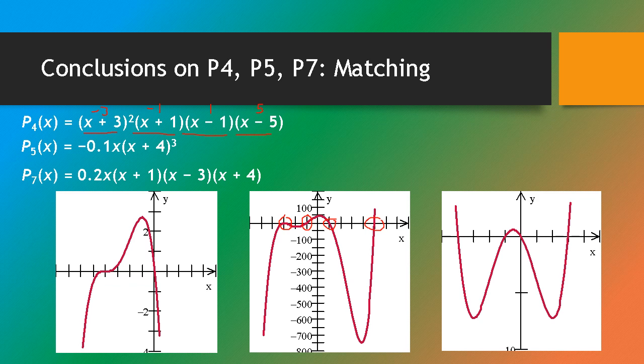You will also perhaps notice that the square on the x plus 3 factor results in that turning point sitting right on the x-axis. And again, that's a characteristic that we want to be able to observe. The second polynomial, polynomial 5, only has 2 different factors, and that gives us 2 x-intercepts at 0 and at -4.